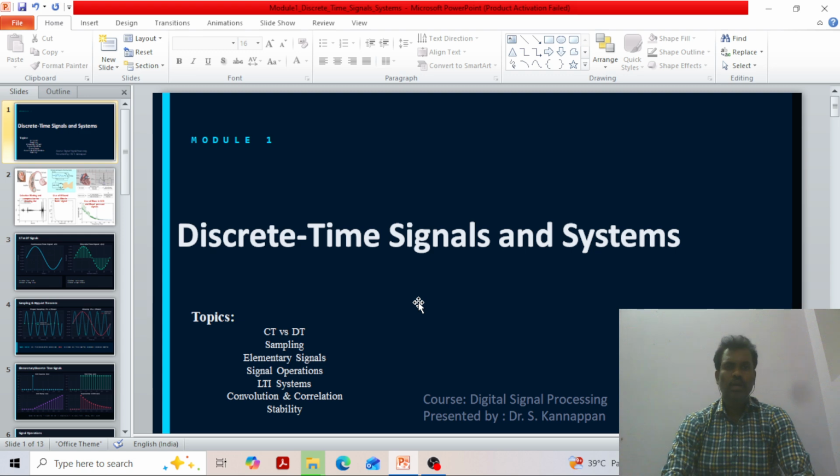So for understanding the operations and the processing techniques, instead of going purely digital, we can process discrete time signals. The same processing steps can be used for digital signals also, but it is done by a system.